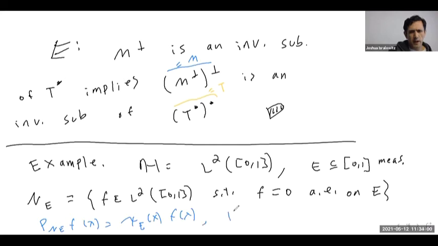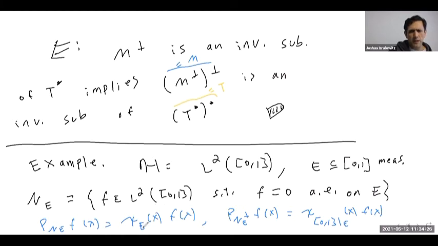Right? And the orthogonal projection onto the complement is just going to be, obviously, take away E. Just to get a better handle on these two subspaces.